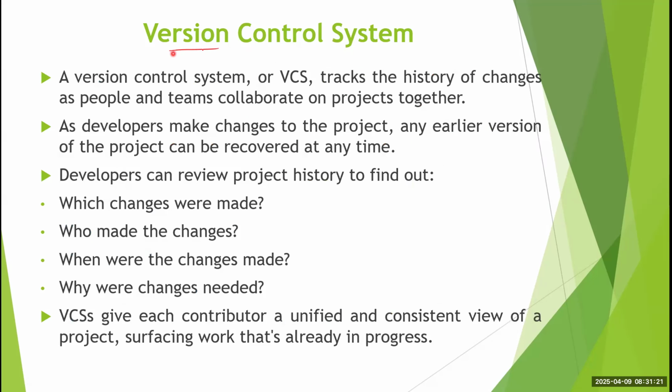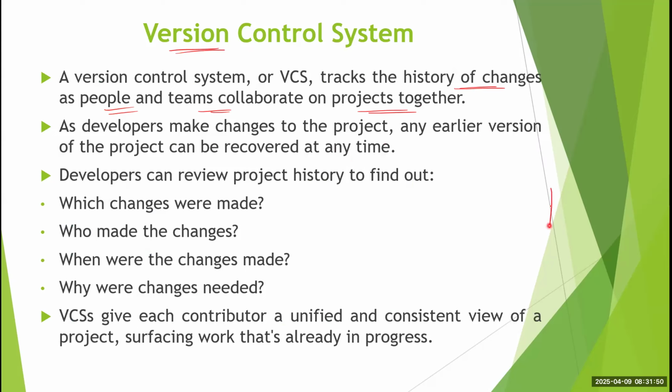Now coming to the version control system. Okay, what is the main purpose of the version control system? See, it will help you to track the history of a change as people and teams collaborate on the project together. Many people are working together, then we should make sure that every change we are able to track. As developers make changes to the project, any earlier version of the project can be recovered at any time, right?